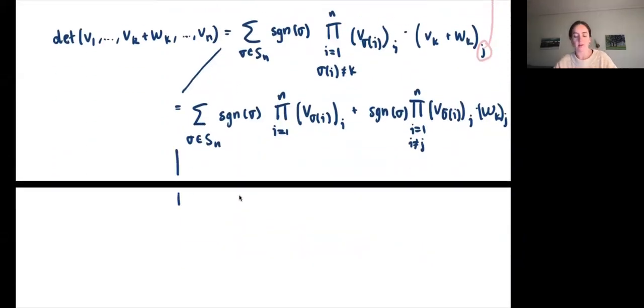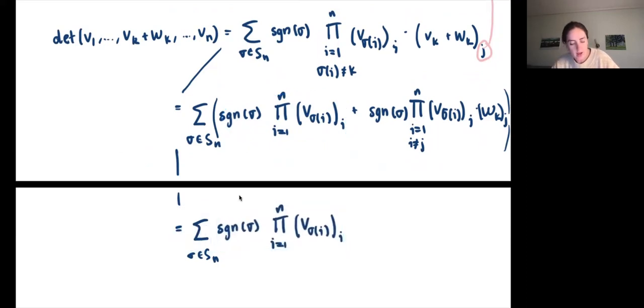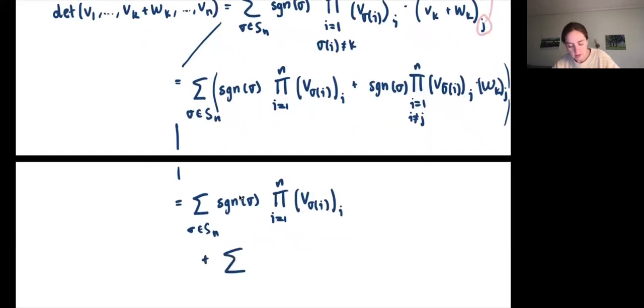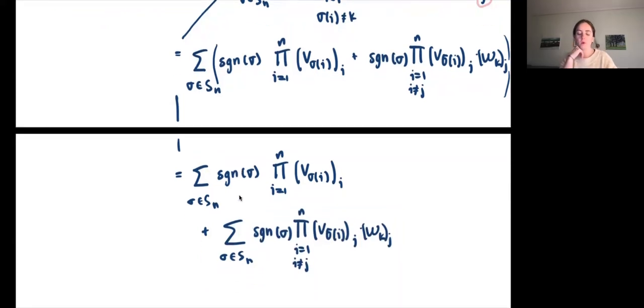Okay, but then right now it's one big sum. I can break it up as two sums. So I'll have the sum over sigma in Sn of the first part, and then plus the sum over sigma in Sn of the second part. Okay, but then what do we see?